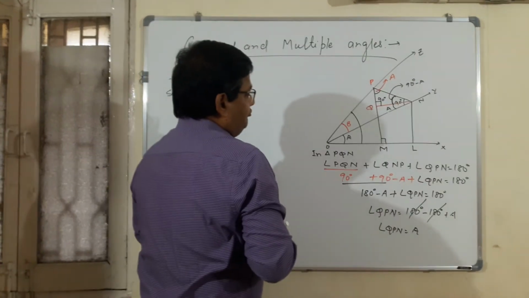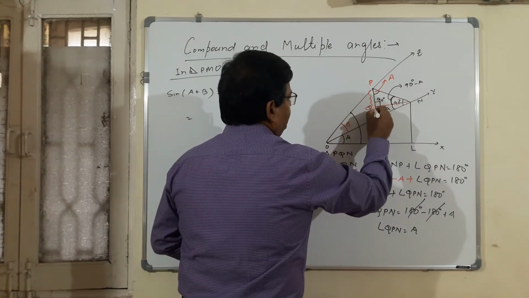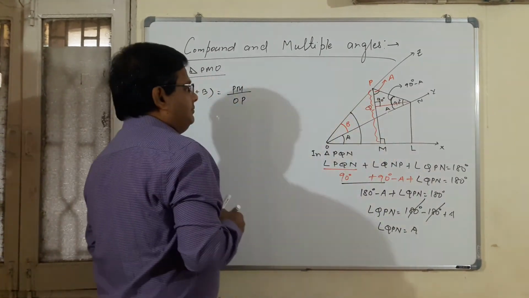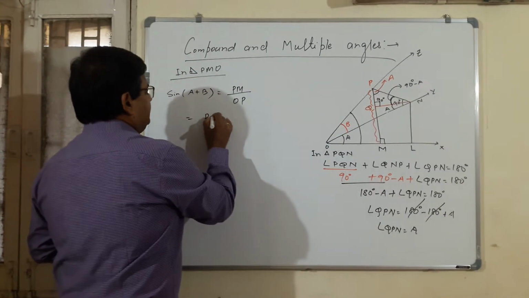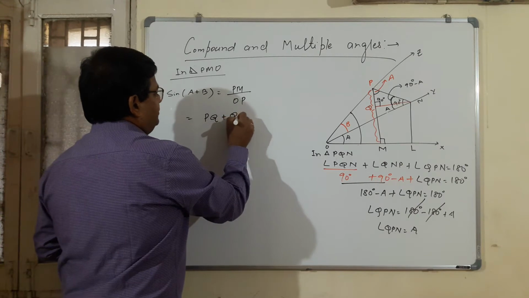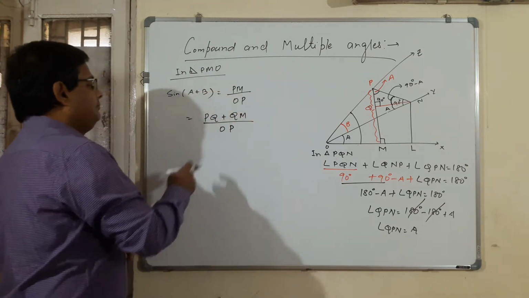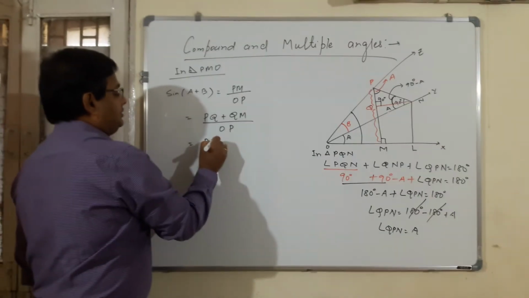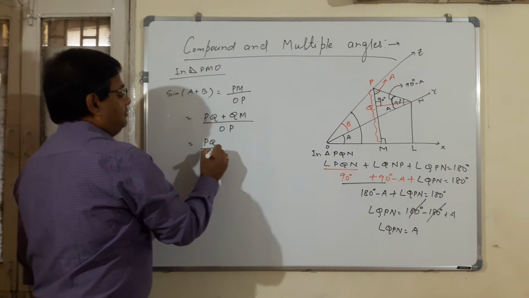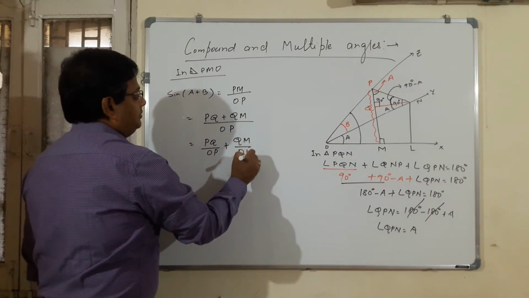Now PM we can write like this, PQ plus QM. So I am writing here PQ plus QM divided by OP. So PQ divided by OP plus QM divided by OP.